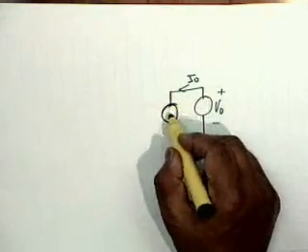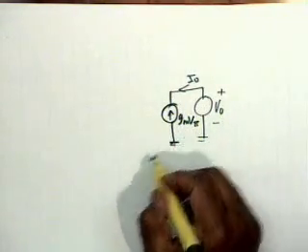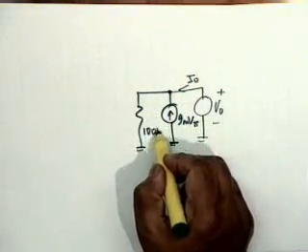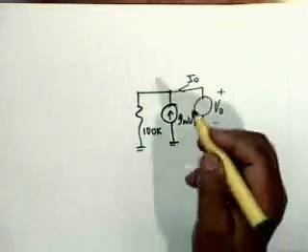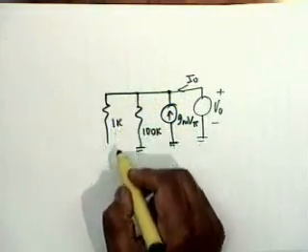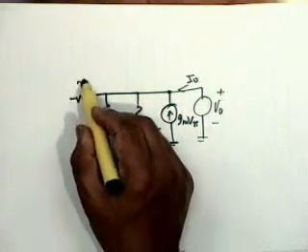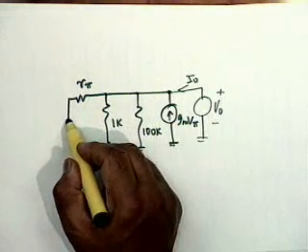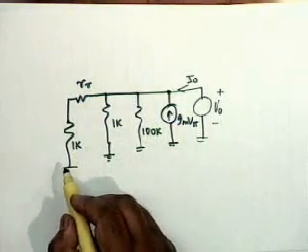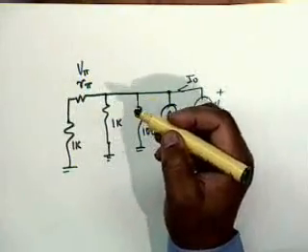The equivalent circuit is: there is a GM V pi, then there is a 100K. What is this 100K due to? Small R0. Then you have a 1K. What is this 1K? RE. And then you have R pi and 1K going to ground. Vs has to be made equal to 0.